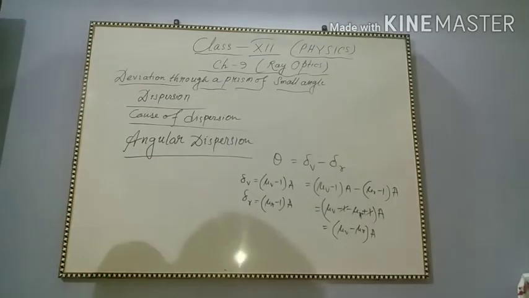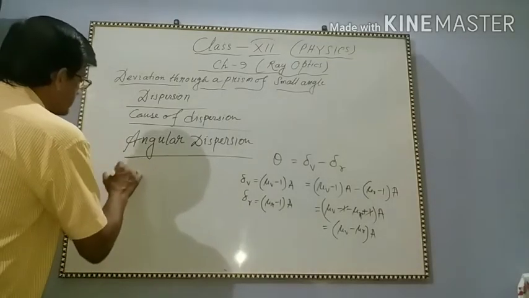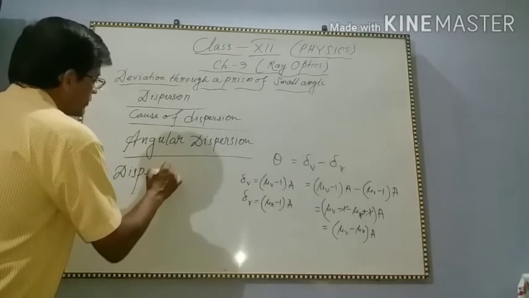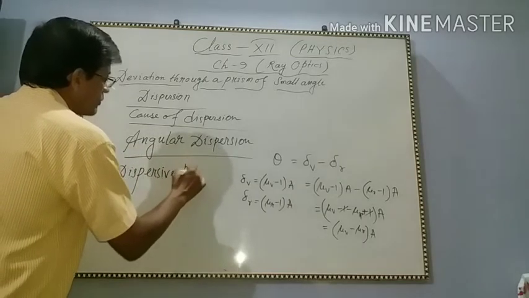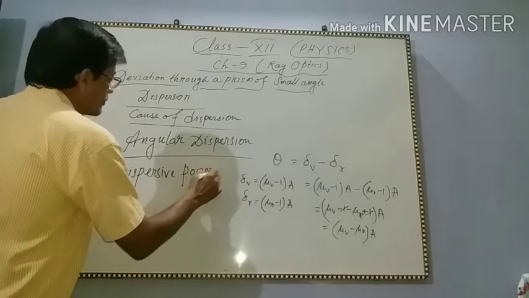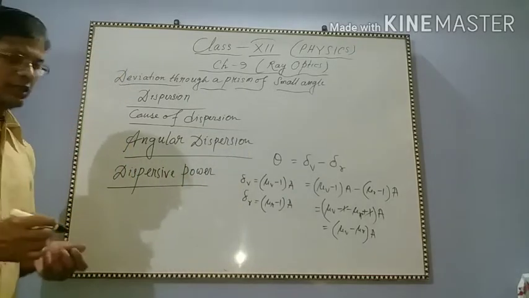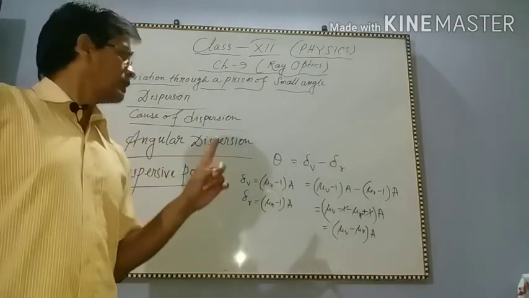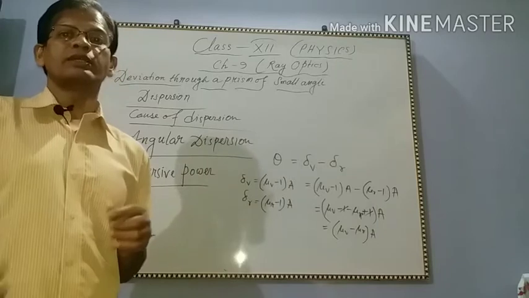Dispersive power is the ratio of the angular dispersion to the mean deviation.